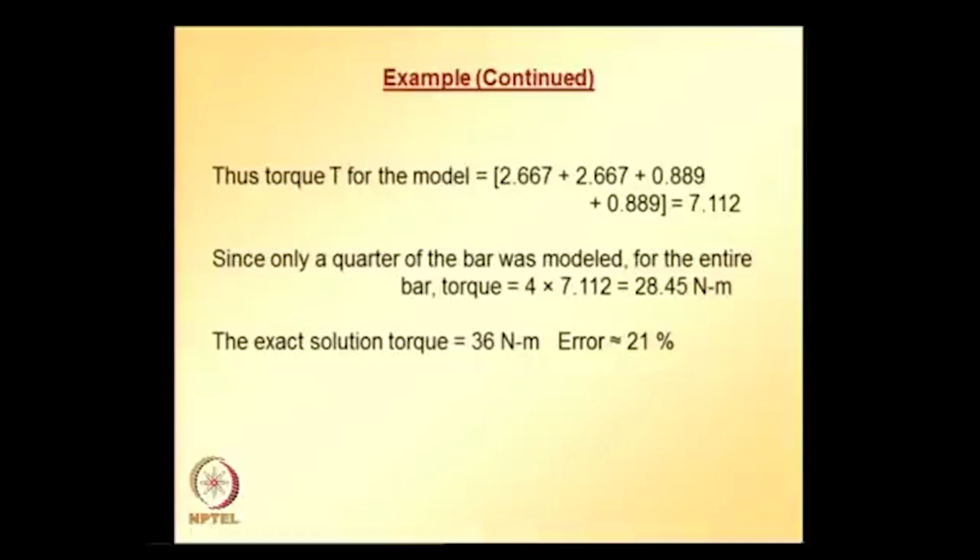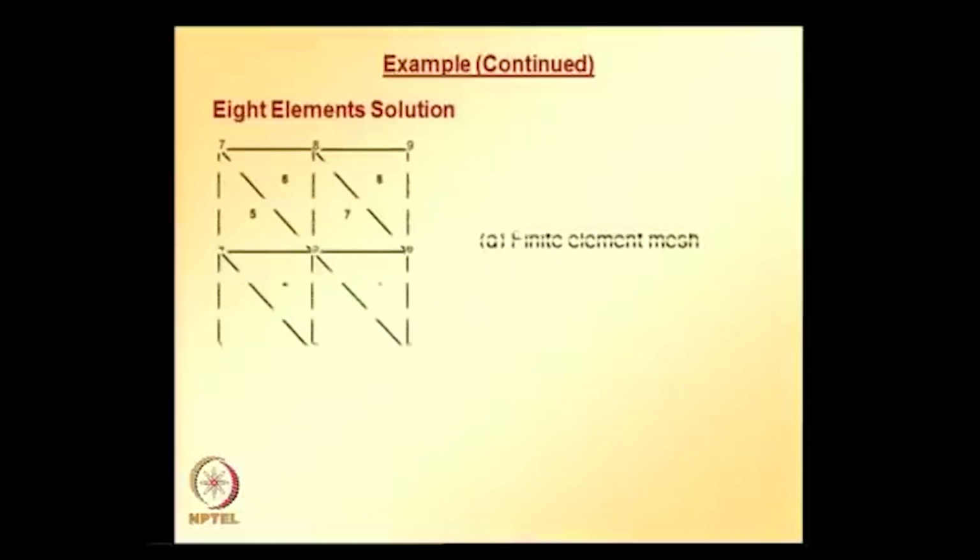So, now let us repeat this calculation by dividing the quarter model into 8 triangle elements. So, this is a finite element mesh, and the procedure is same for each of the elements. All elements are identical.